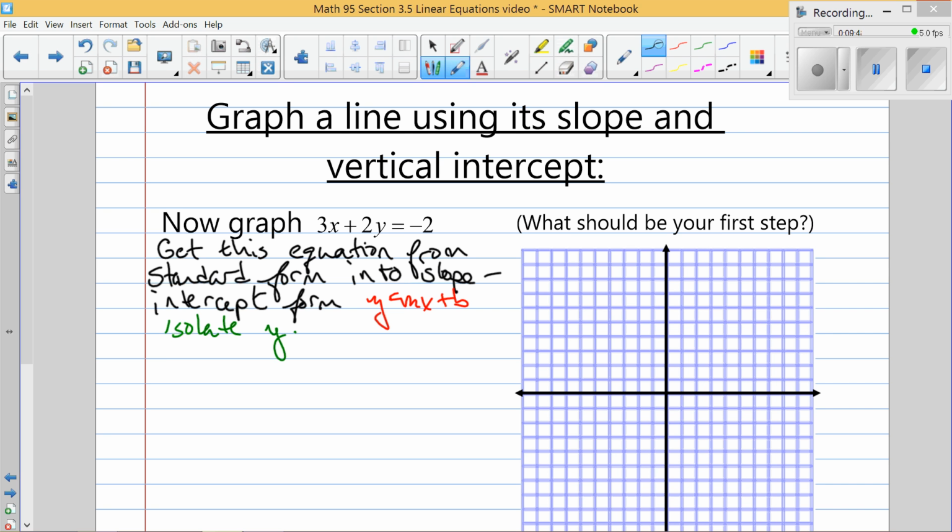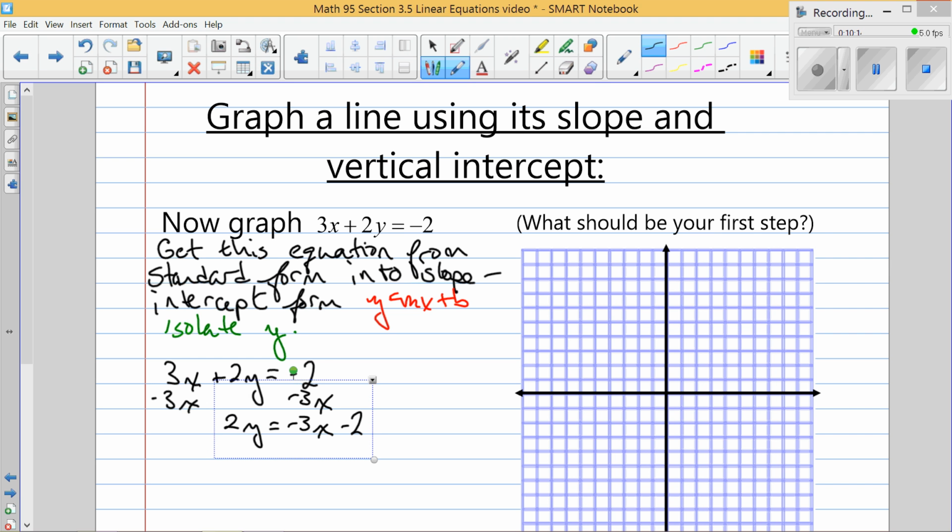Okay, so if I have the equation 3x plus 2y equals -2, so isolate y. I will subtract 3x from both sides. I get 2y equals negative 3x minus 2.